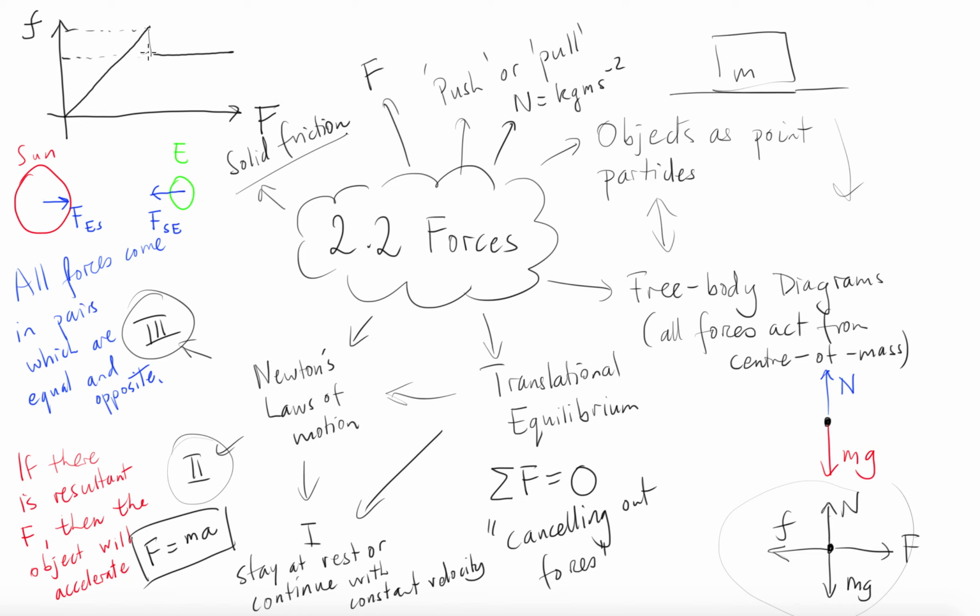This value here would be Fd for dynamic friction. This value here would be Fs max, the maximum value of static friction.